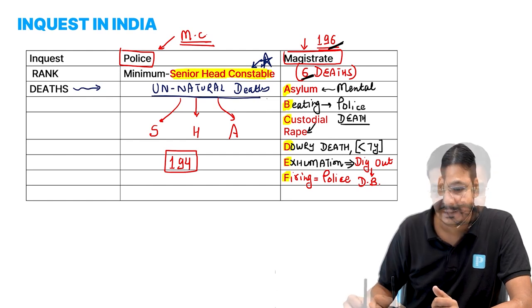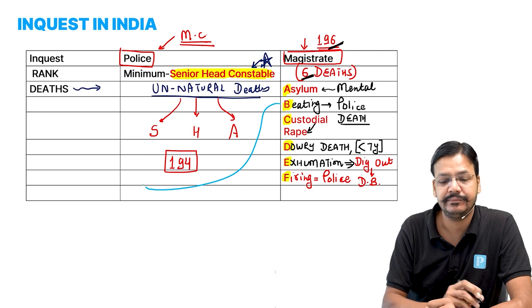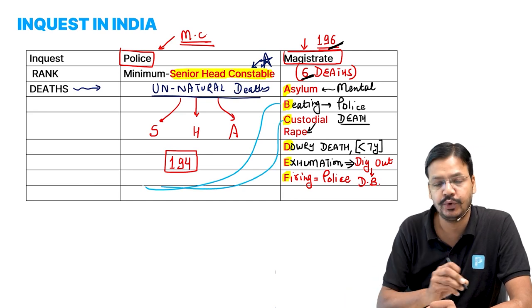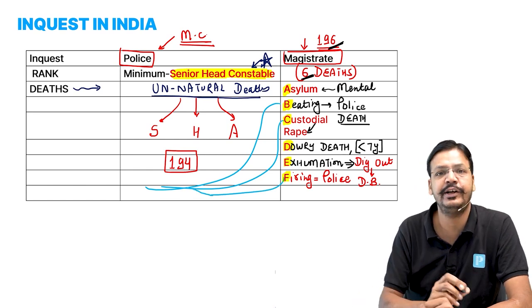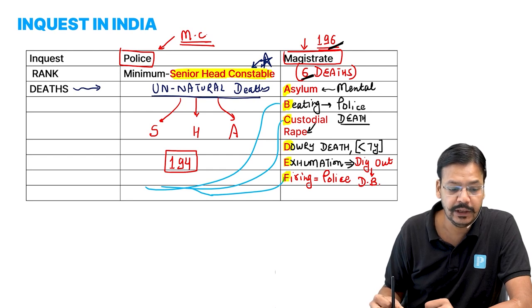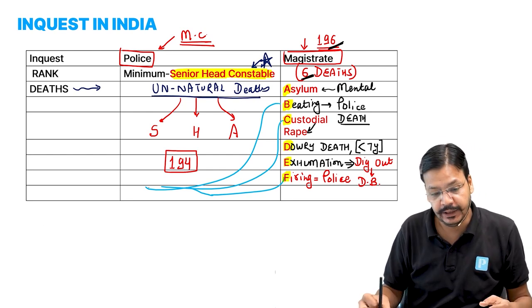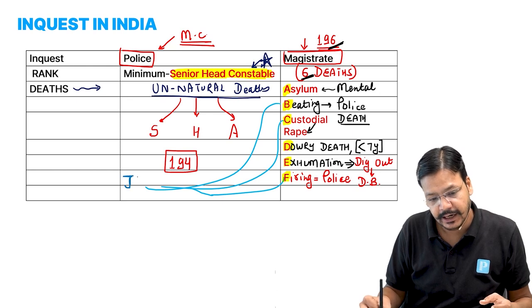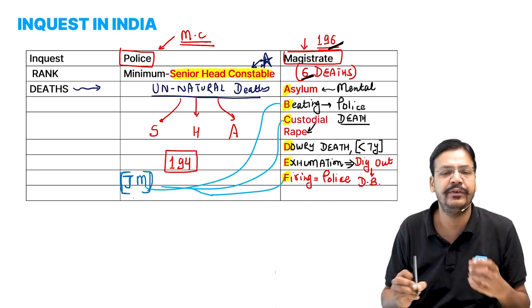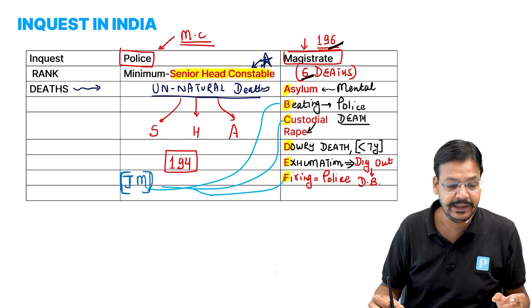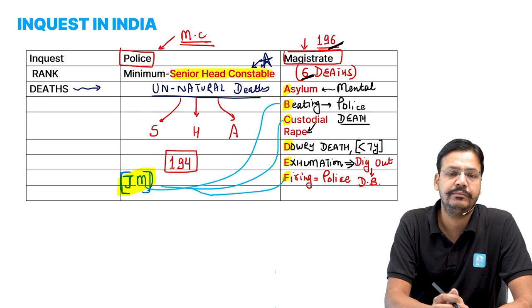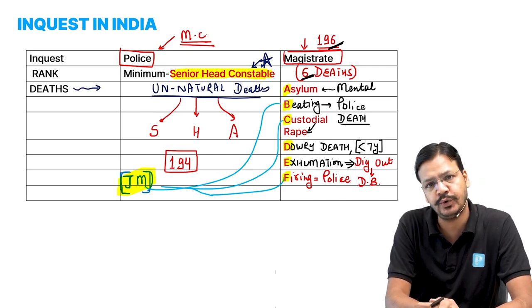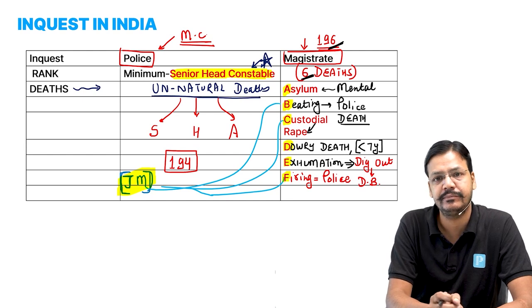You will see the death in police beating, the custodial death, and death due to police firing. These all 3 deaths are related with police. So my dear friend, in all these 3 deaths, the inquest is by a judicial magistrate. My favorite MCQ. By police beating, by custodial death, custodial rape, or police firing death, it is a judicial magistrate.